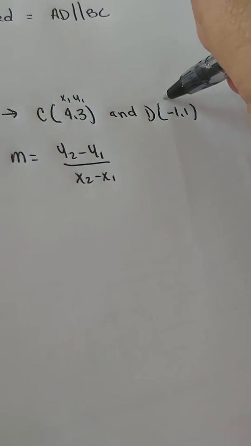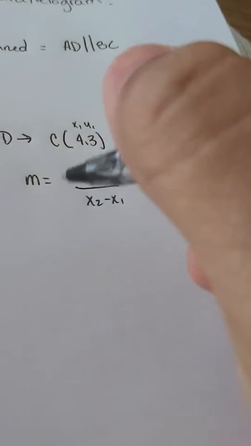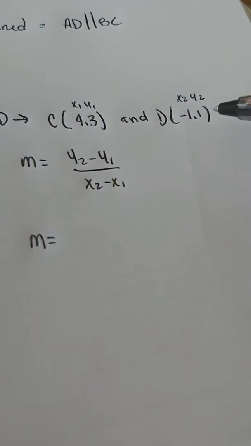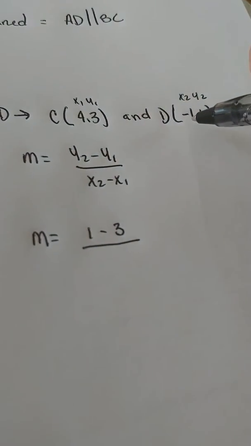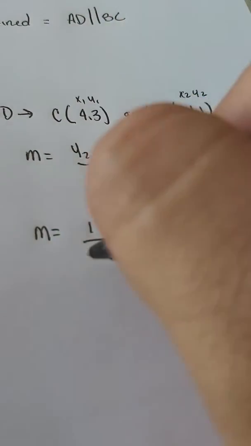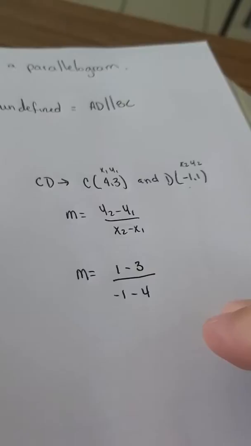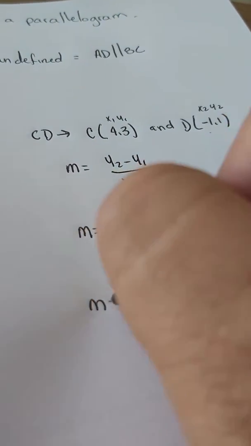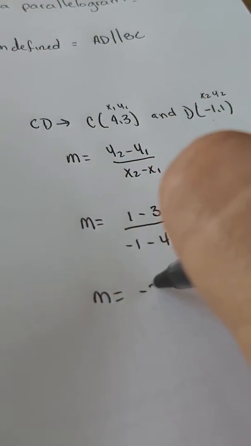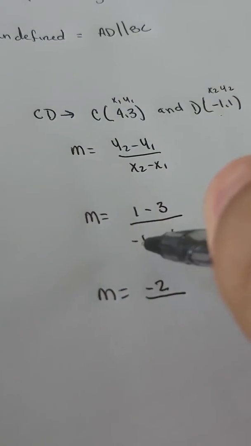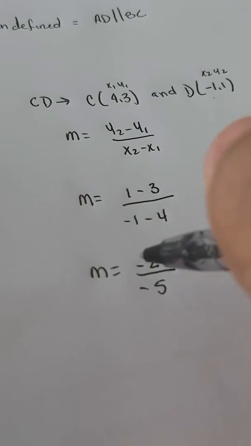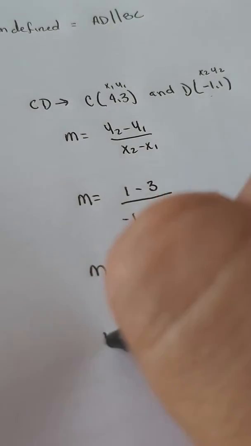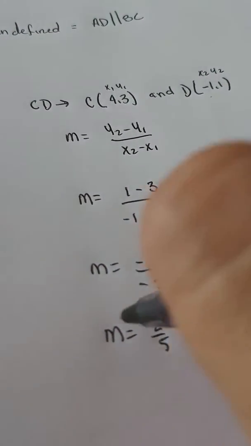So m equals 1 minus 3 over -1 minus 4. M equals 1 minus 3, that's -2, over -1 minus 4, that's -5. Negative divided by negative, that's positive, 2/5.